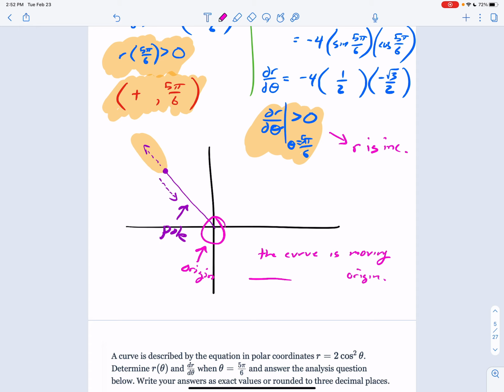In this case, it's moving away from the origin, since you started here and r is increasing, so you're extending your radius. Now, if you were at this giant pink point and your derivative was negative, that means your r is decreasing, meaning that you would be heading towards the origin. So it's either moving towards or away from it, and what you're referencing depends on what you're dealing with, whether it's x, y, or r.